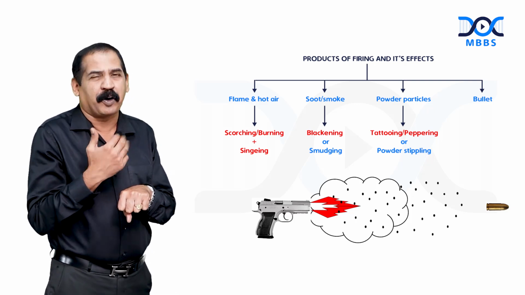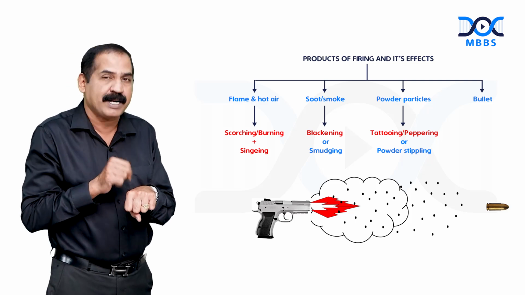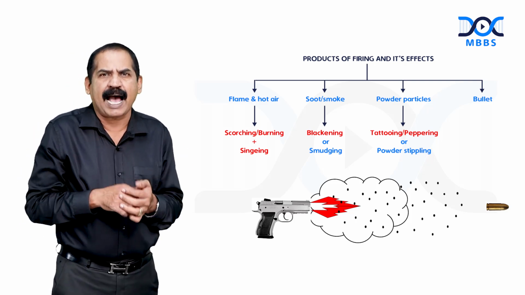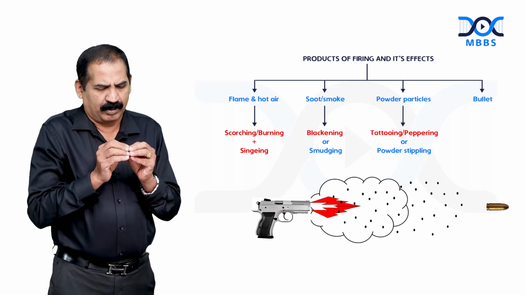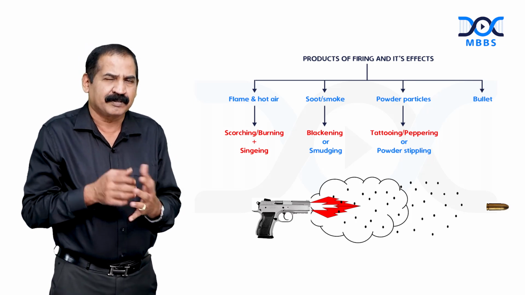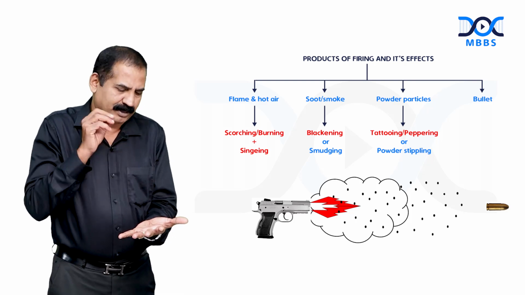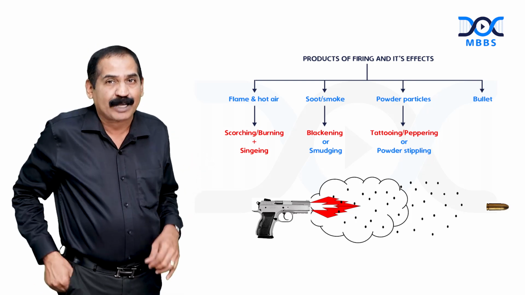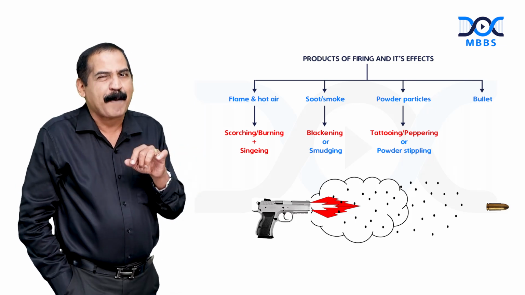They do not go beyond the dermis. That gives rise to an appearance like pepper sprinkled on an egg white, how the pepper appears on the white background, that is known as peppering.